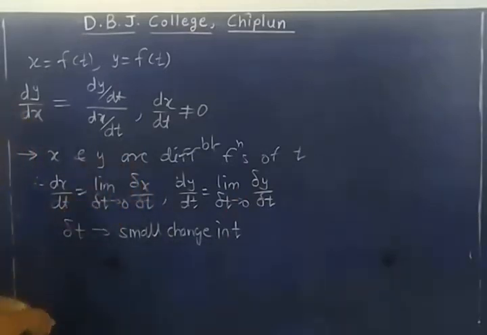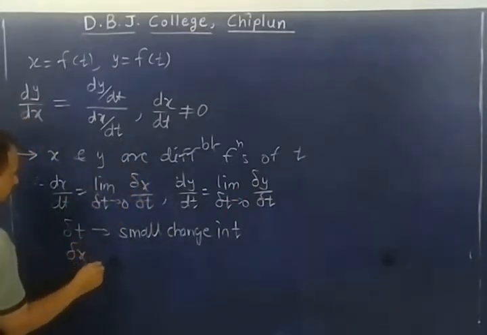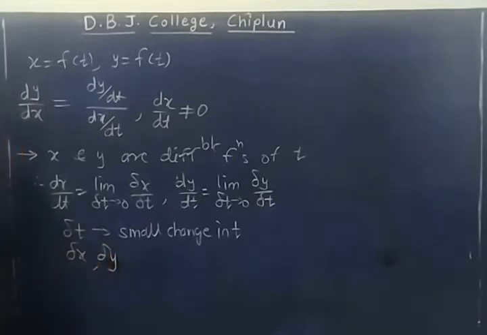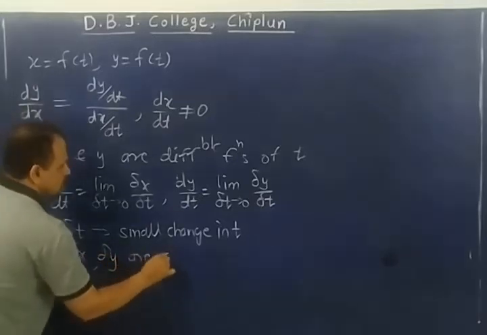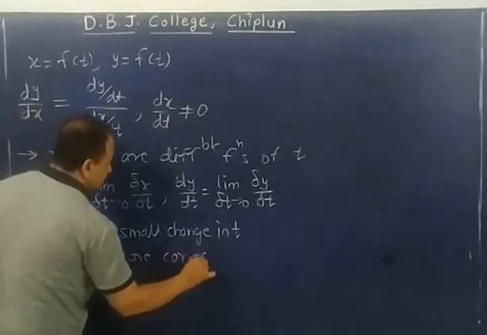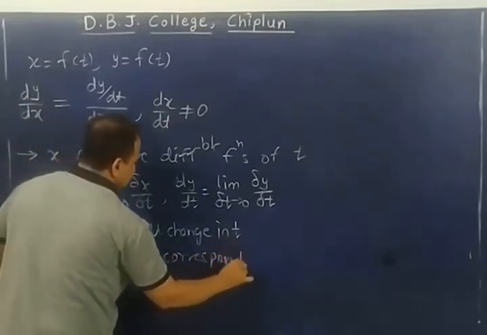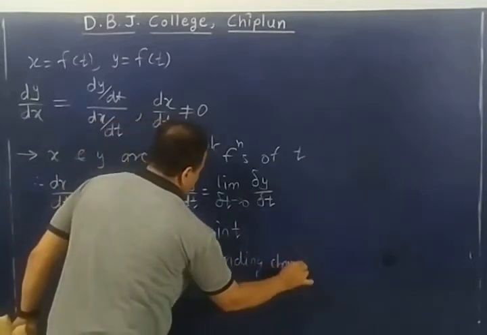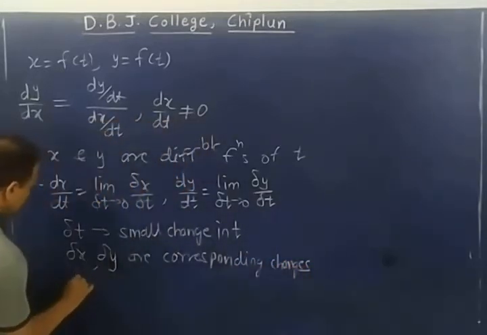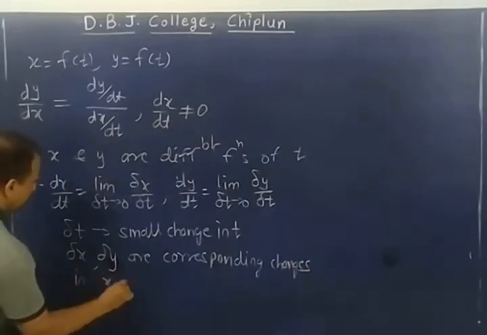The change in x is delta x and the change in y is delta y. Delta x, delta y are corresponding changes in x and y.